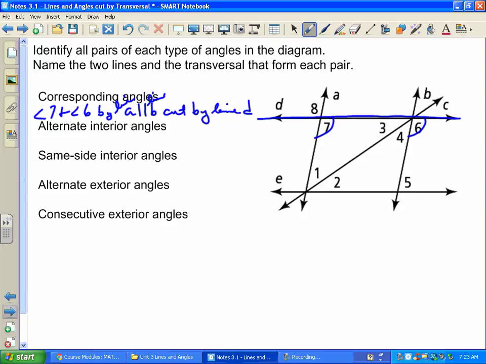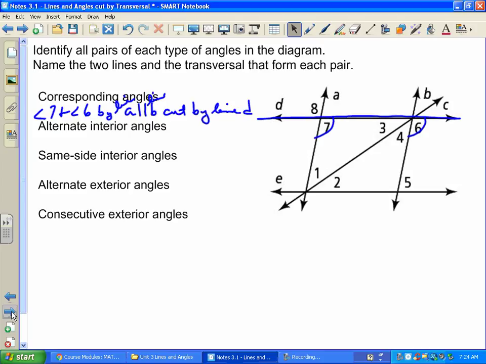Identify a pair. And there may be more than one answer for each of these. So that's why you want to definitely turn your picture sometimes and look at it from all different directions to make sure that you've looked for every possibility. In this particular case, I don't think there's another possibility for corresponding though.